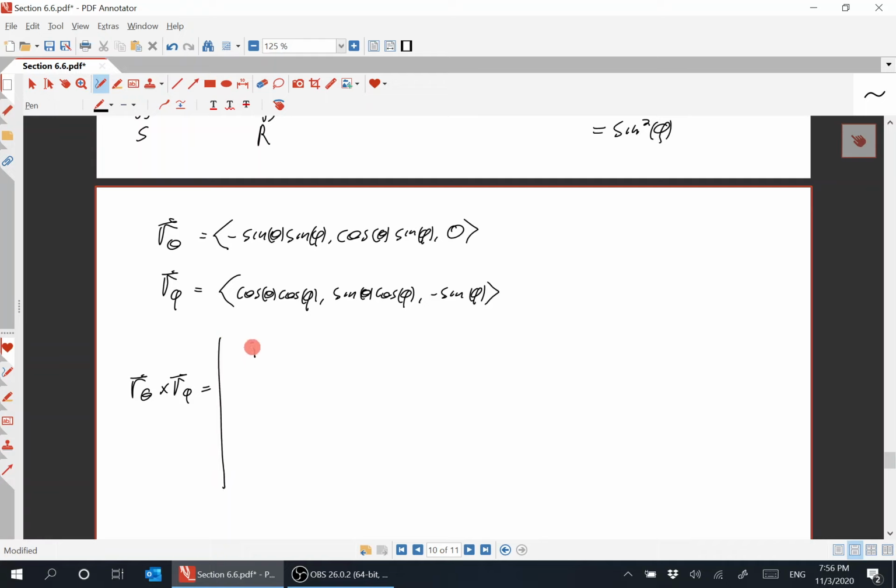So we've got i, j, k, with the rows being minus sine theta sine phi, cosine theta sine phi, 0, and cosine theta cosine phi, sine theta cosine phi, minus sine phi.